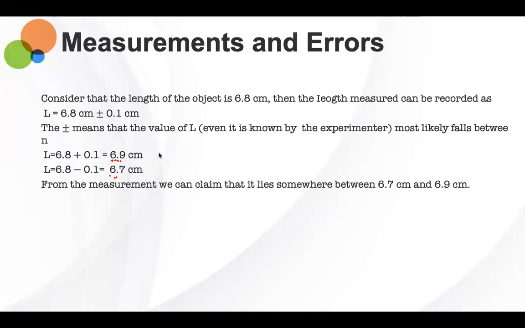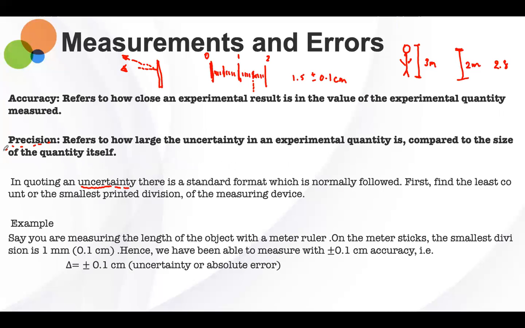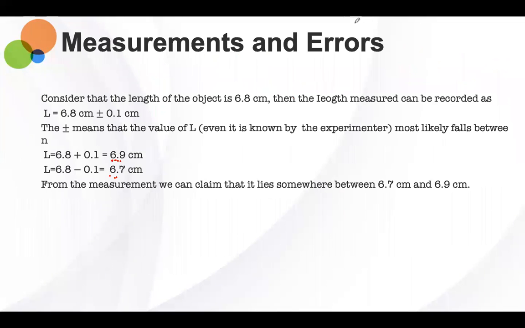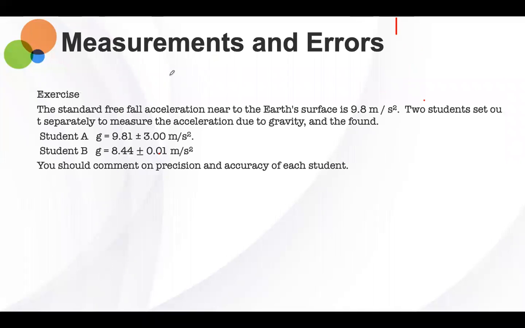All right. So that's good. Accuracy refers to how close an experimental result is to the value of the experimental quantity, right? So that's very important. The experimental result has to be very close to the actual quantity measured. So the experimental quantity is 9.8. They proved this already, right?